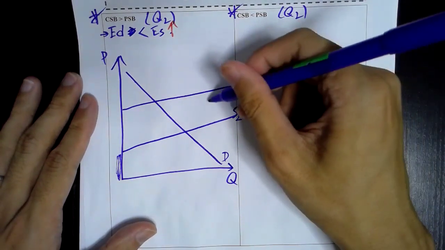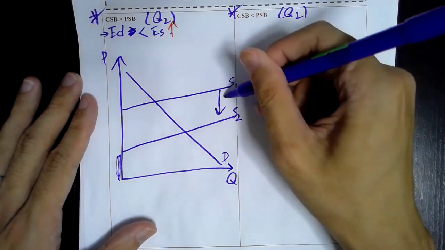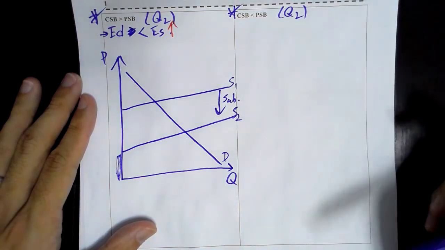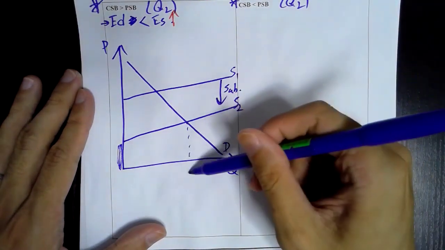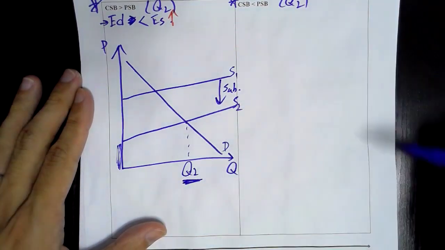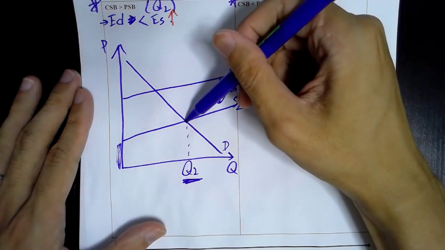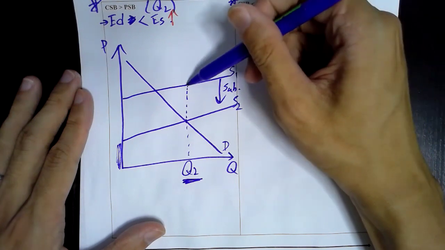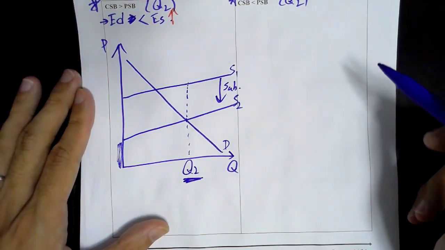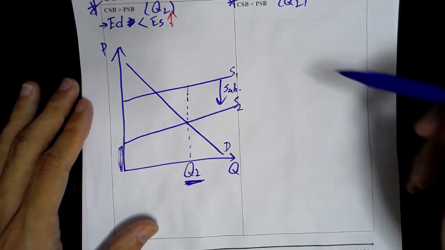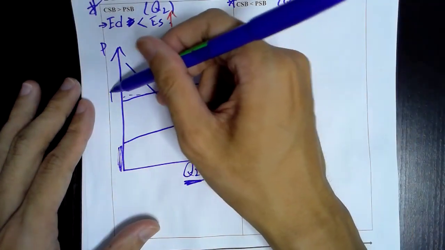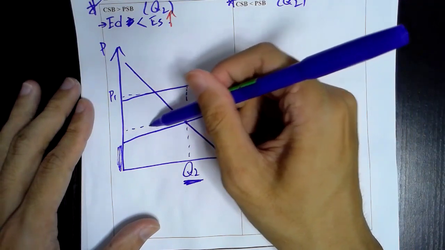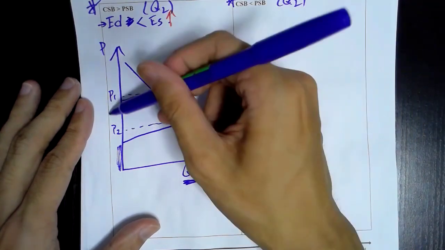Now remember, a subsidy is a downward shift. The main point is actually at Q2. Let's highlight Q2 first, and then from Q2 we go up all the way until it touches S1. Now let's see what happens to the price. Obviously we have P1 here, and then we have P2 here.